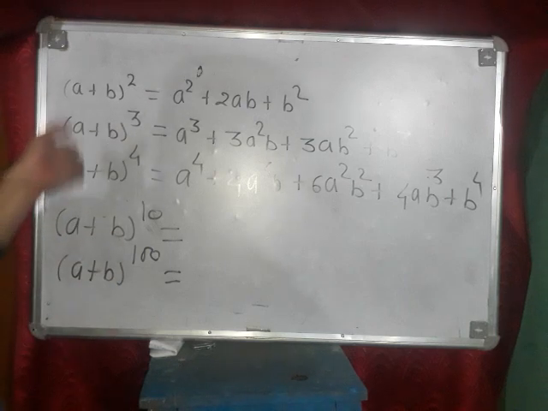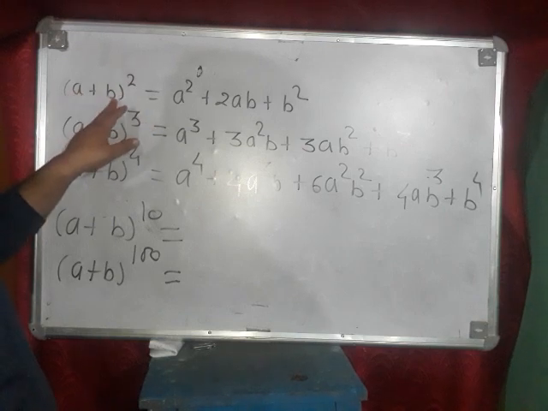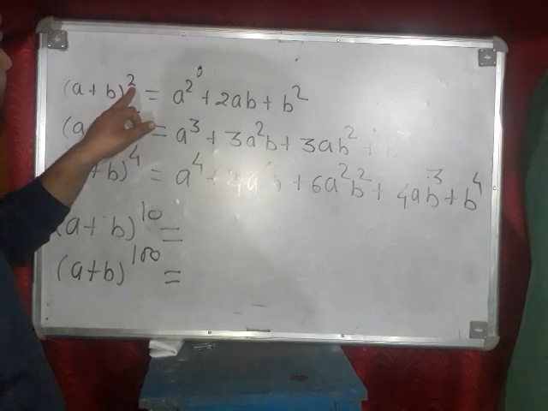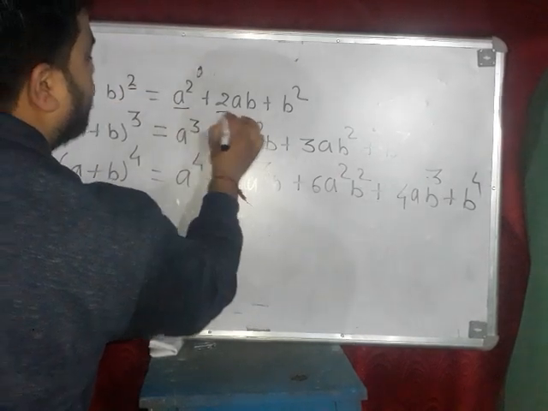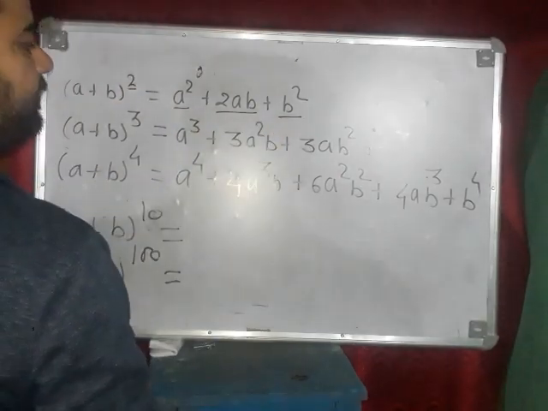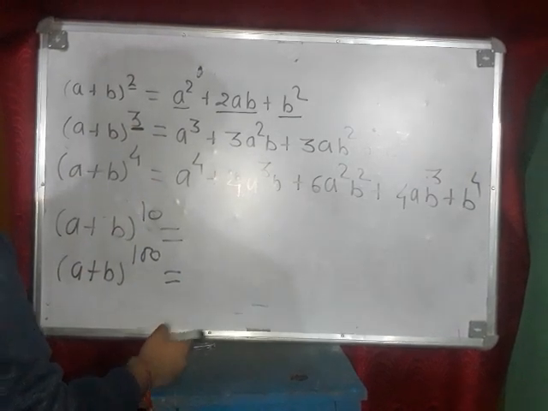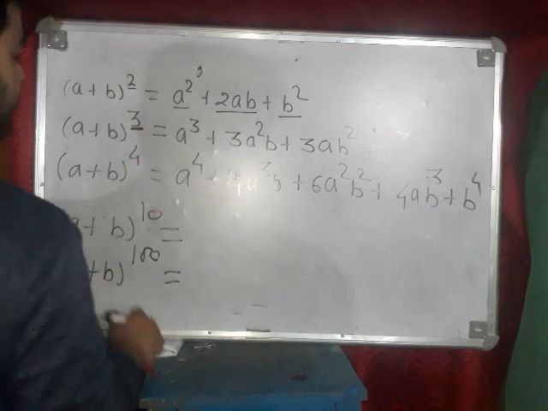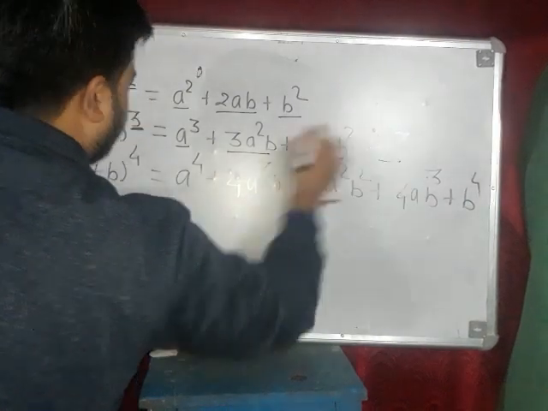You see, if the power is 2, a plus b whole square, then in the expansion there are 3 terms. If the power is 3, then in the expansion of a plus b whole cube there are 4 terms: 1, 2, 3, 4.